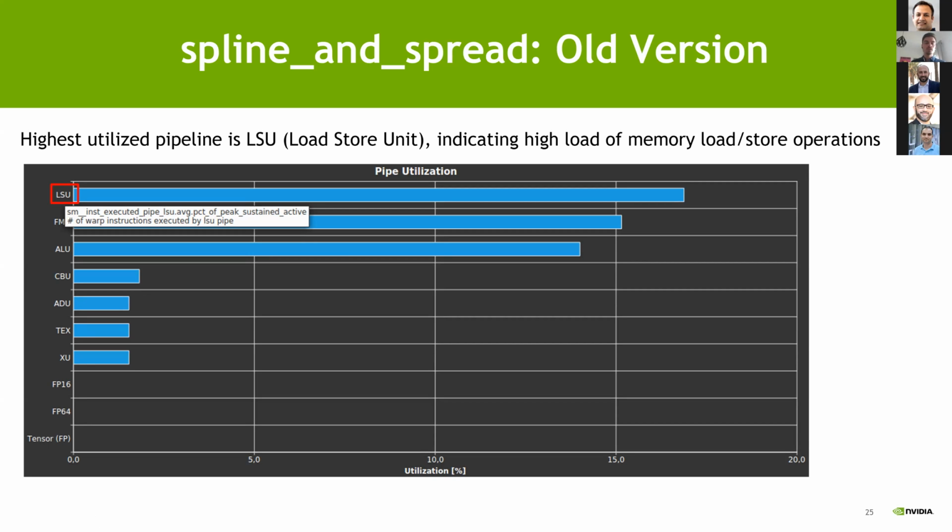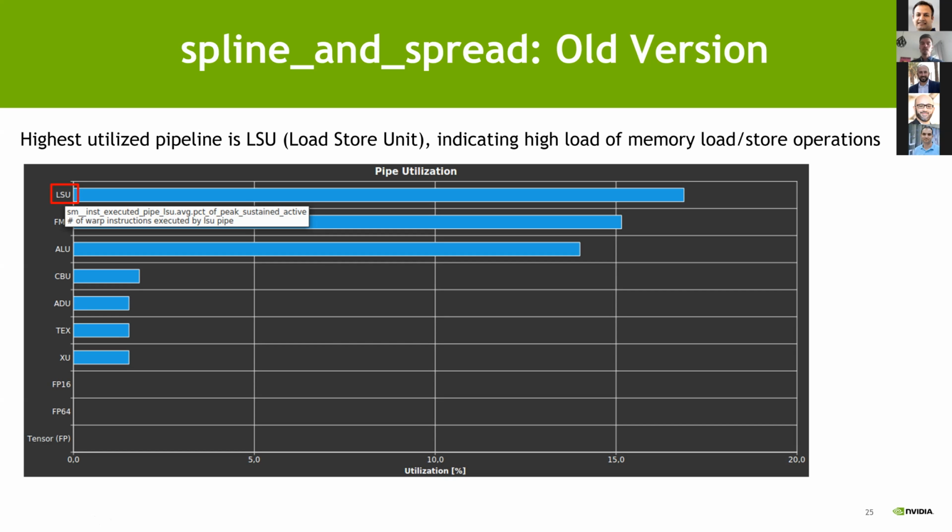In the compute workload analysis section, we see that the highest utilized pipeline is called LSU, the load store unit, indicating a high load of memory load store operations. If you hover over this, there's a little description, but in the documentation online, in the kernel profiling guide, there's an even more detailed description of what these units mean, which instructions may be in which unit or in which pipeline, things like that.